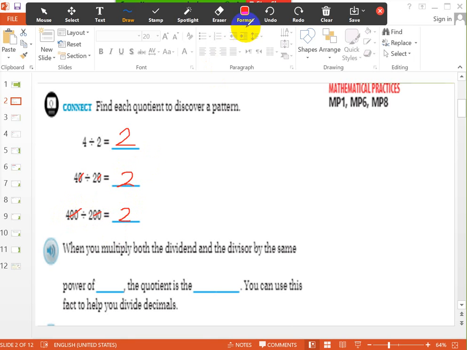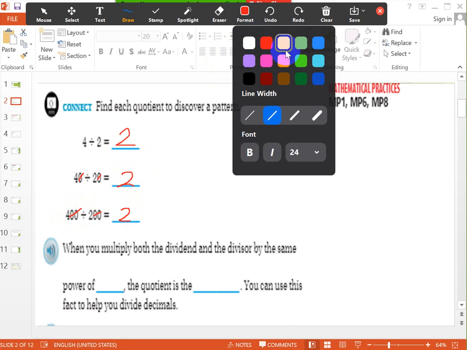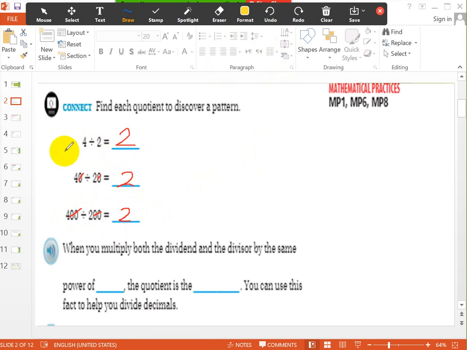So, what I want to say here in this property, it tells me that if you multiply the dividend and the divisor by the same number, look, in this case I have 4 and 2, in this case I have 40 and 20, in this case I have 400 and 200.